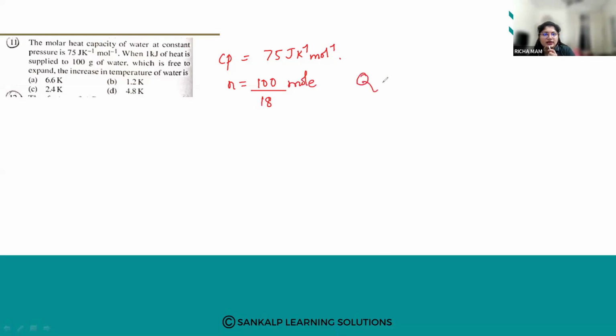Then how much heat is supplied? 1 kilojoule. If you want to convert it into joules, it will be 1000 joules.